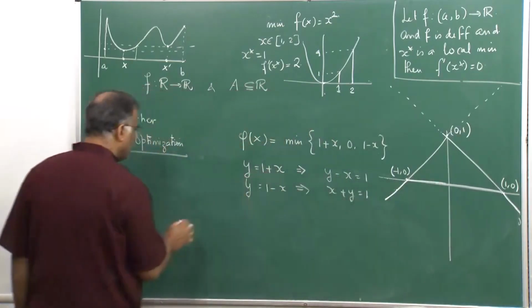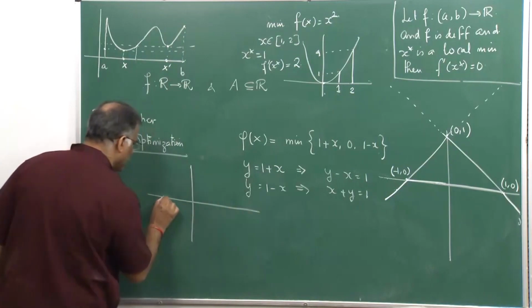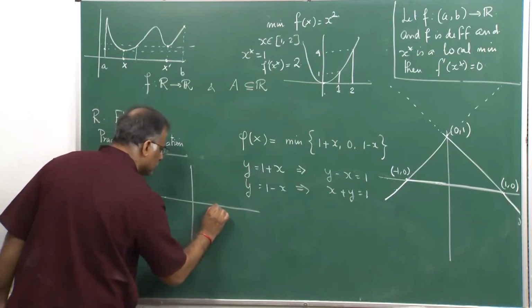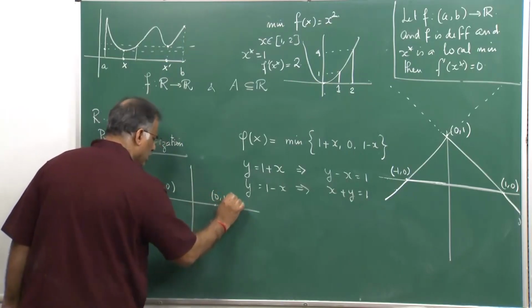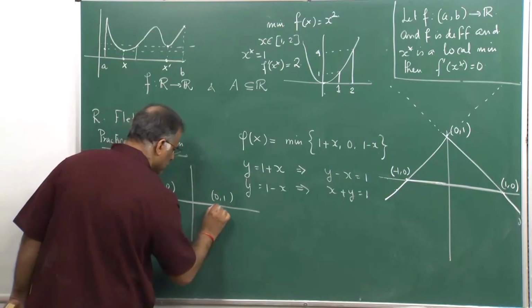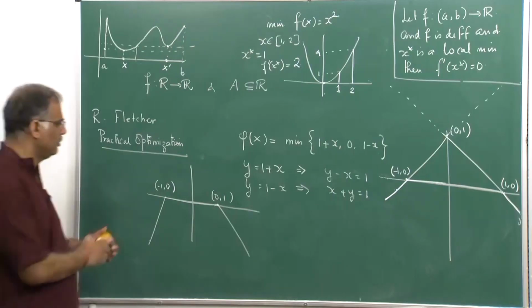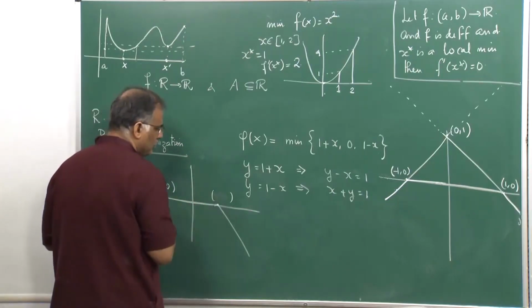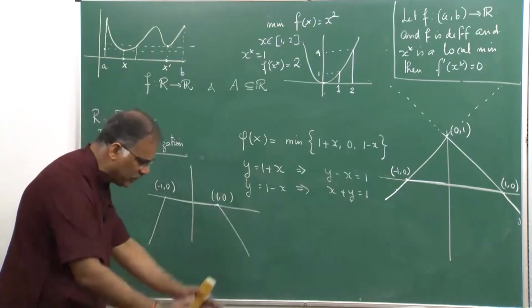So, if you now look at the function carefully, the function is this: minus 1, 0, 0, 1. So, this is 0, 1, something like that. Sorry. So, this is 1, 0. So, this looks like an inverted tub.